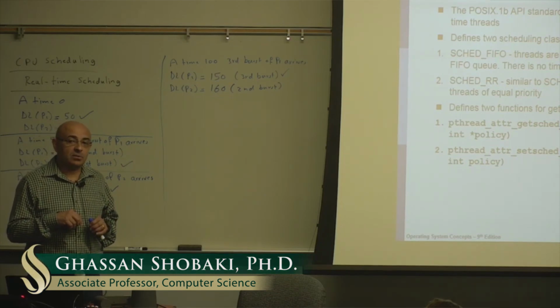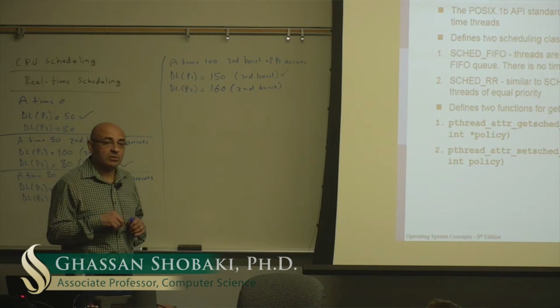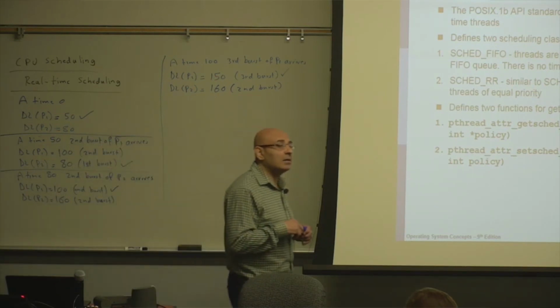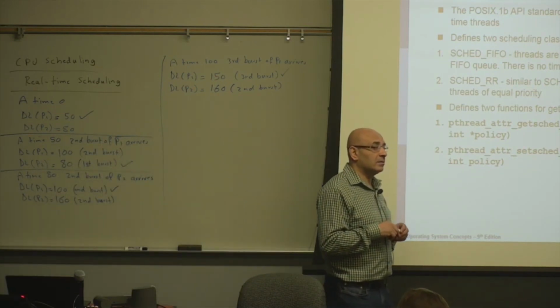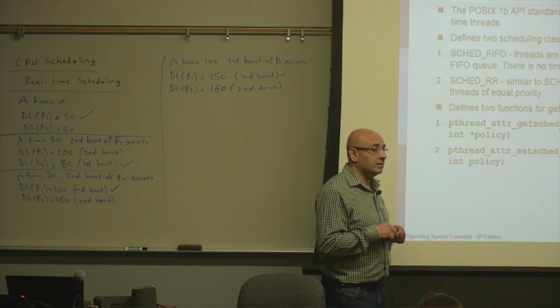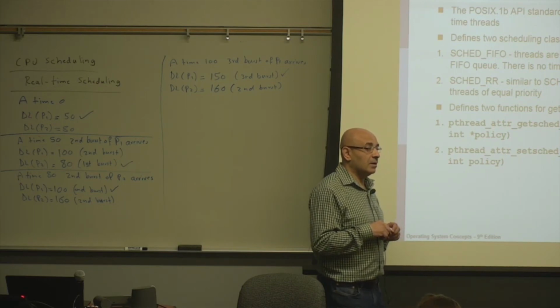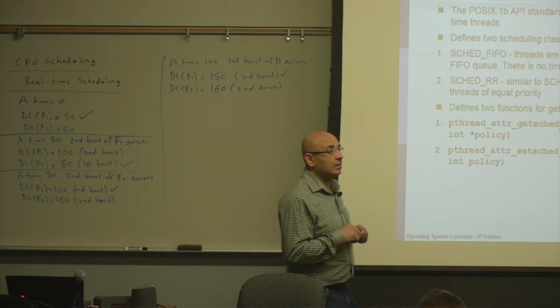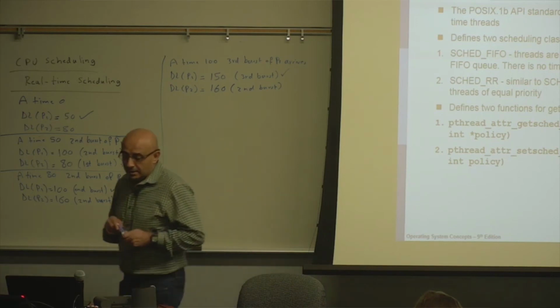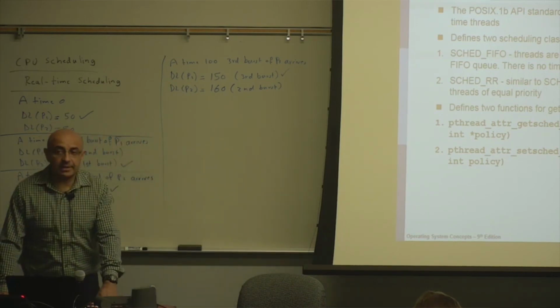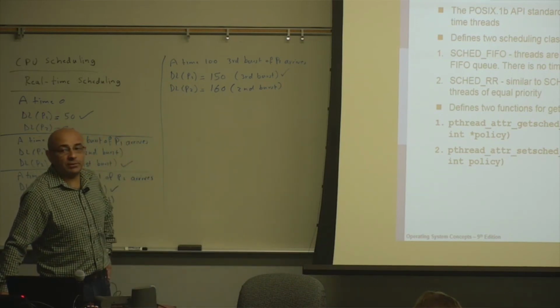Process contention scope versus system contention scope. Yeah. I think process contention scope has to do with competition within the process. While system has to do with a system-wide competition. Yeah, exactly. So that was one scheduling attribute.